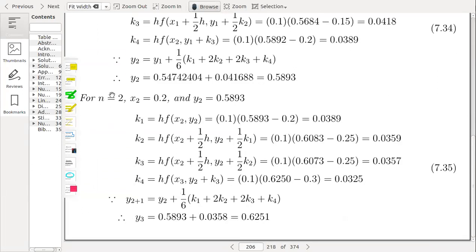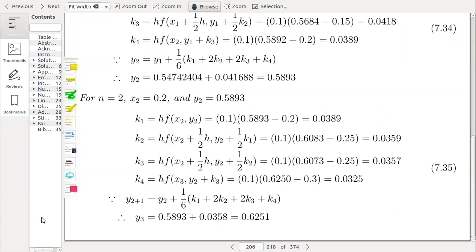Similarly, for n is equal to 2, we can calculate the values taking x2 is equal to 0.2 and y2 is equal to 0.5893. So k1 will be 0.0389 and k2 will be calculated as 0.0359.